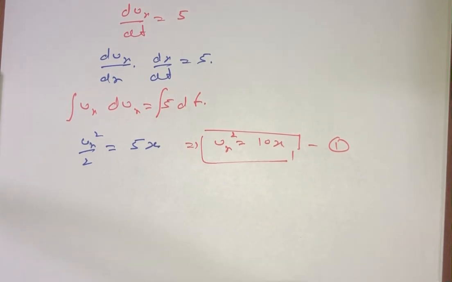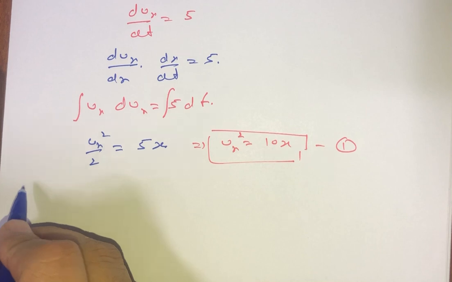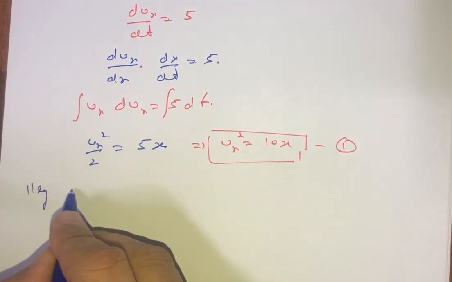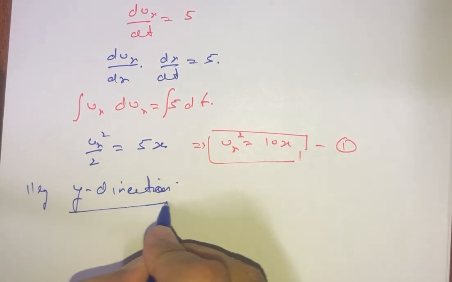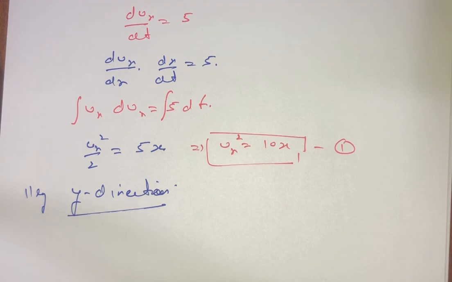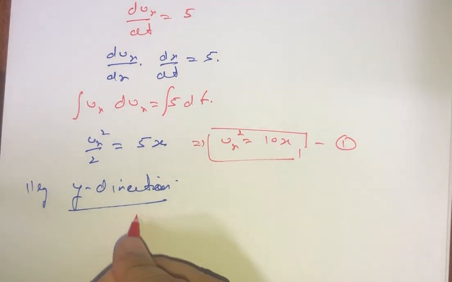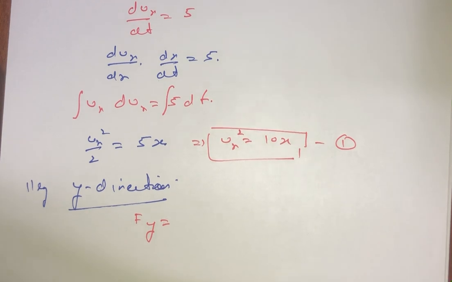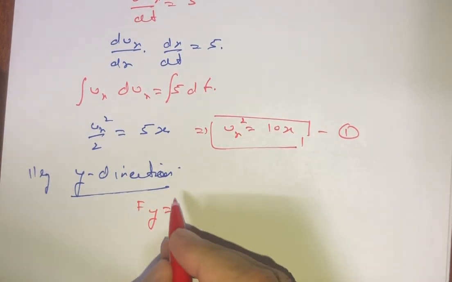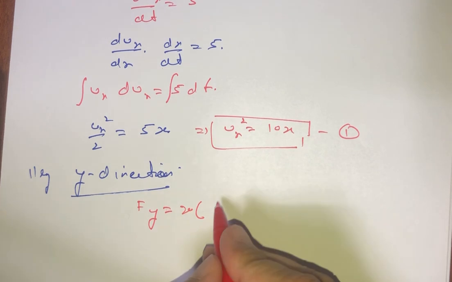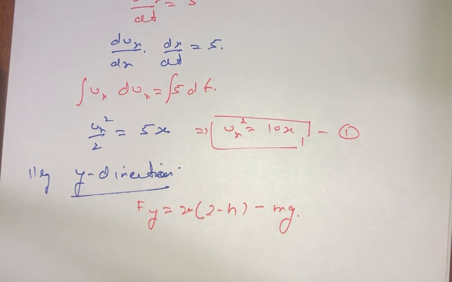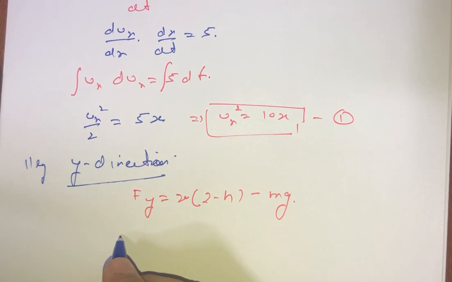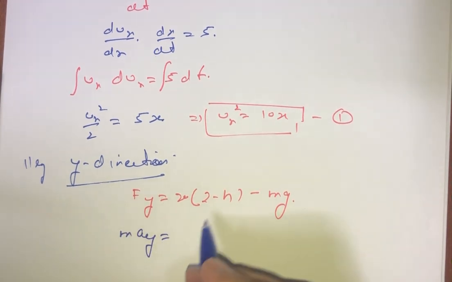Similarly in y direction, Fy will be equal to 22 minus h minus mg, and Fy will be nothing but mass into acceleration in y direction.